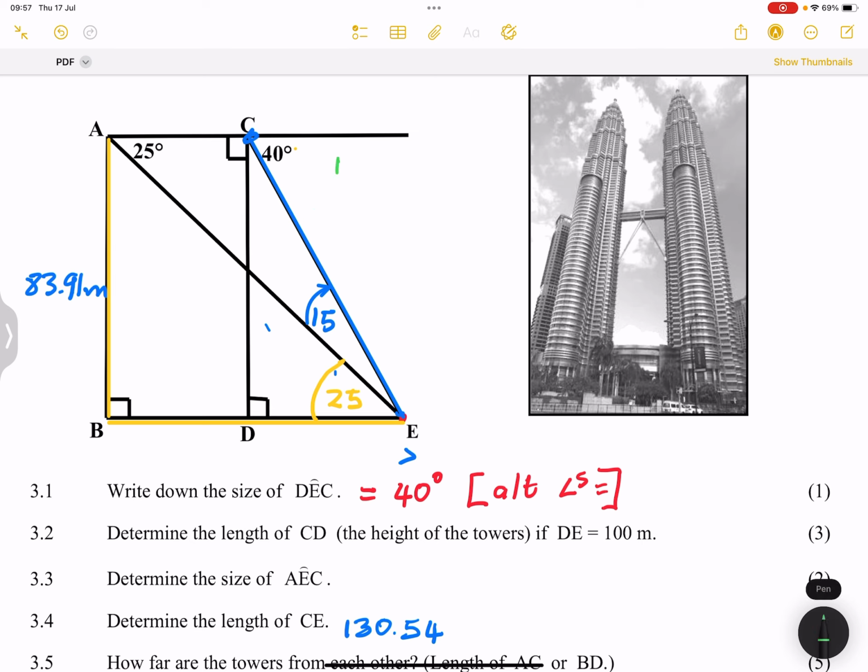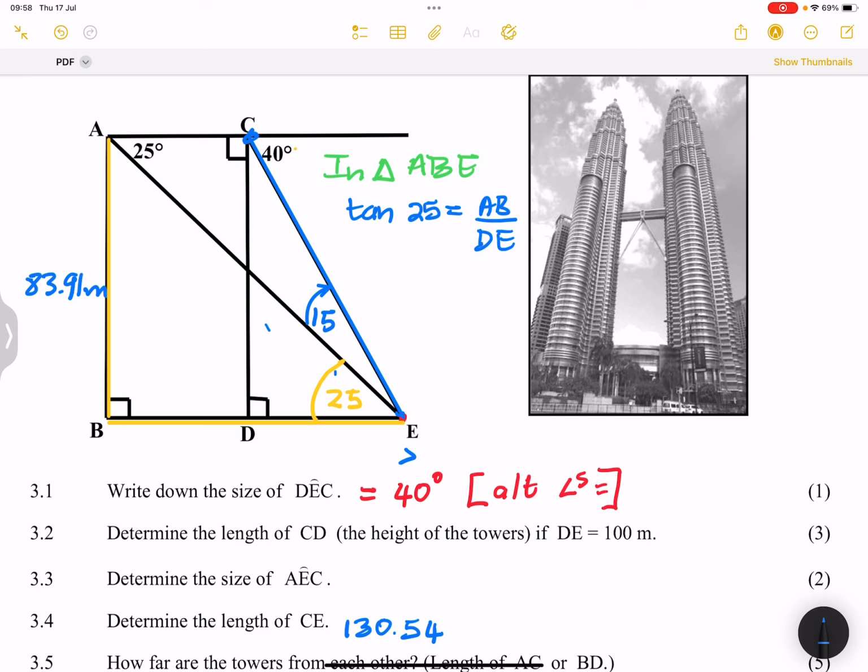In triangle ABE, I just want to go back to that blue color. The tan of 25 degrees would be equal to opposite, which is AB, over the adjacent side, which is DE.